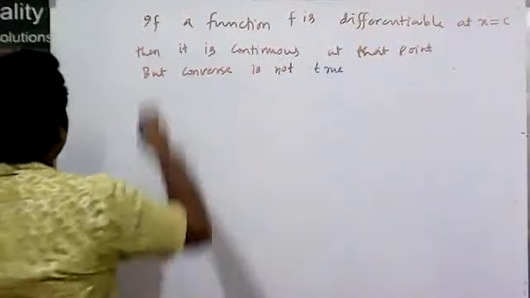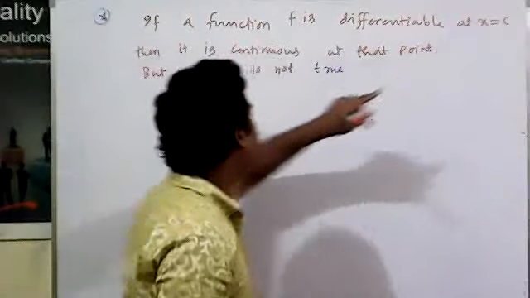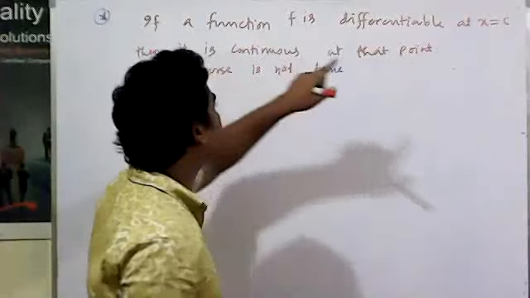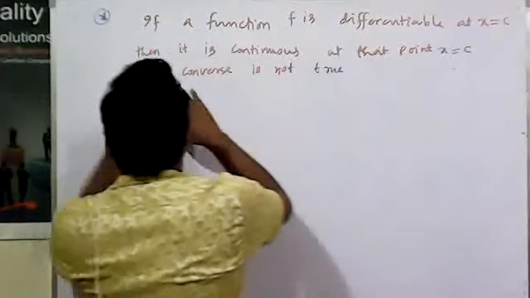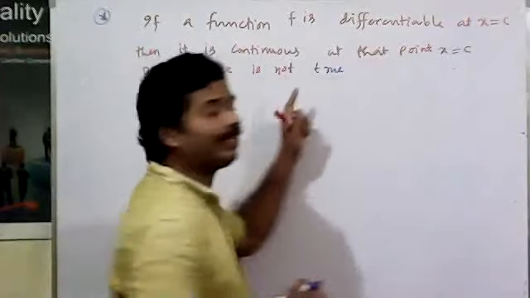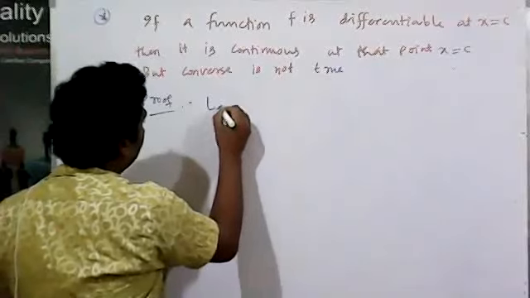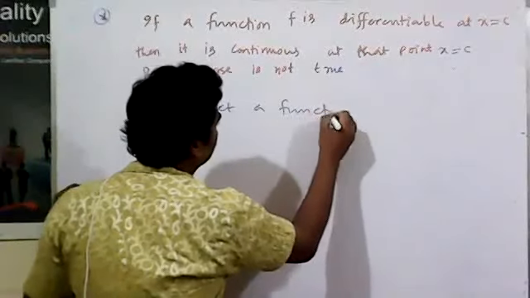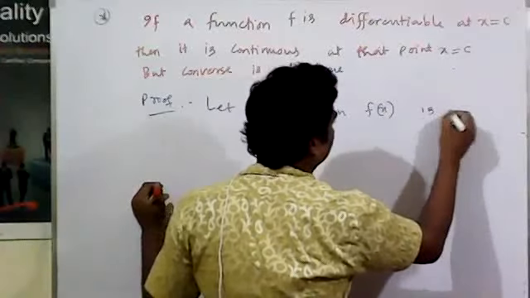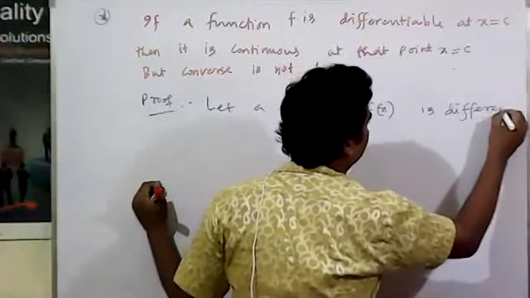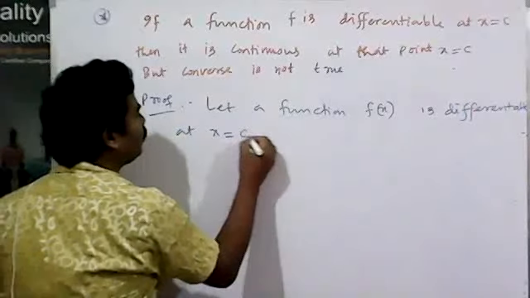This is an important thing. If a function f is differentiable at x is equal to c, then it is continuous at that given point, x is equal to c, but the converse is not necessarily true. So that proof: let a function f(x) be differentiable at x is equal to c.